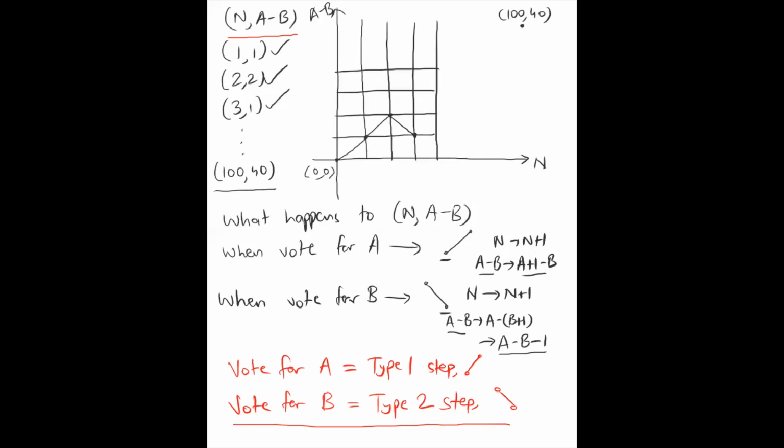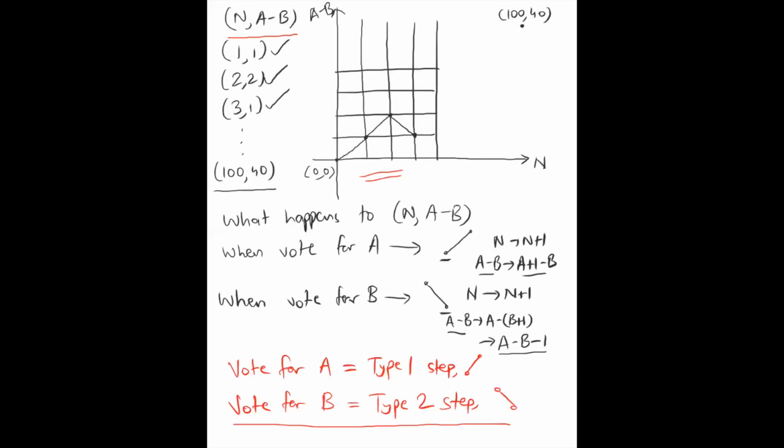We are plotting n comma A minus B, and now we are getting paths like we saw here. We just got a path here, right? So now let's see what kind of paths we are looking for. What we are definitely going to get is a path from 0 comma 0 to 100 comma 40.